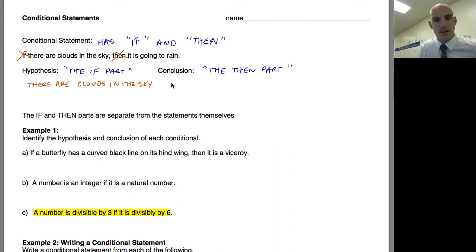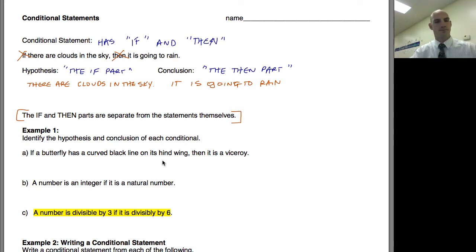The conclusion is it is going to rain. So the if part, but not the if, is the hypothesis. The then part, but not the then, is the conclusion. So the if and the then are separate from the statements themselves. So the hypothesis and the conclusion are both statements.